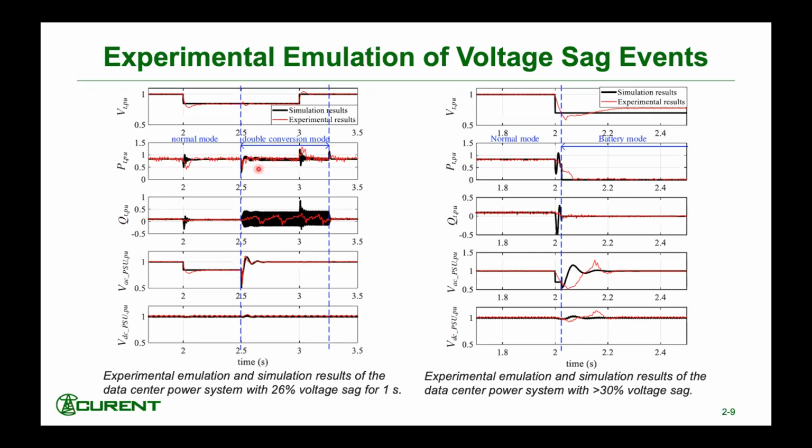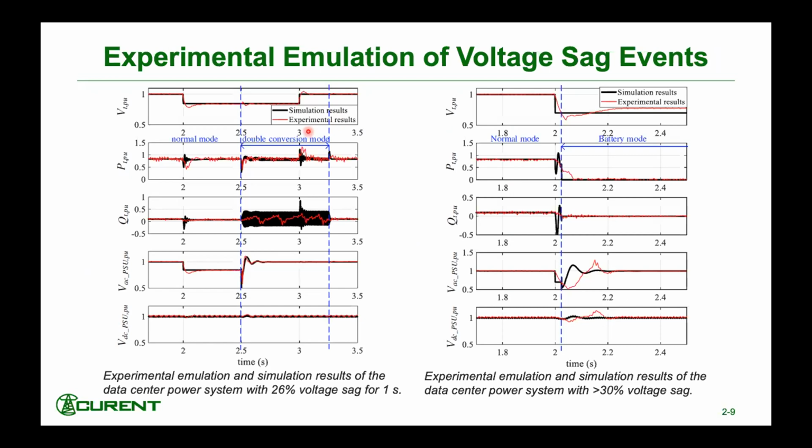As you can see, there is a transient response with an abrupt power variation and a slight voltage fluctuation on the terminal. At both the beginning and end of the voltage sag, the data center actually performs a transient power change due to the voltage change. If we compare the simulation and the experimental result, we can find they are slightly different.